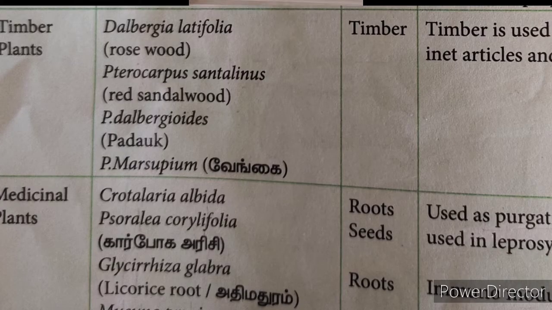The next one is timber plants. Timber producing plants are Dalbergia latifolia, commonly called rosewood, Pterocarpus santalinus, commonly called red sandalwood, Pterocarpus dalbergioides, padauk, then Pterocarpus marsupium, the vengai maram.